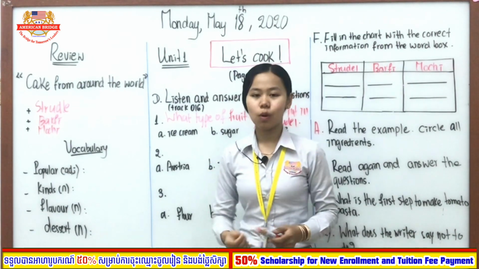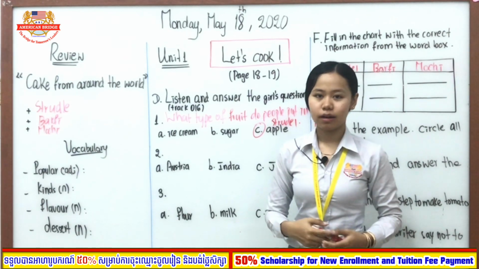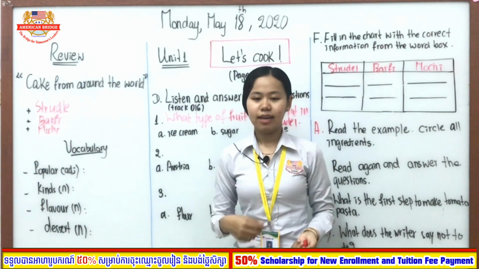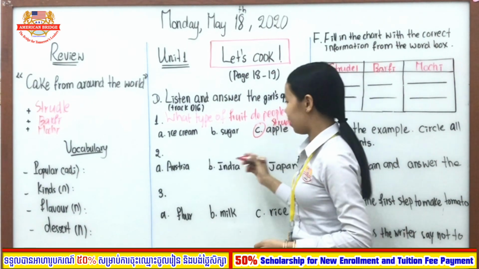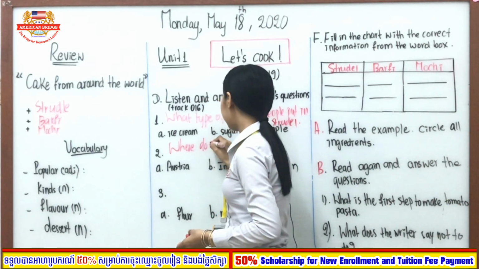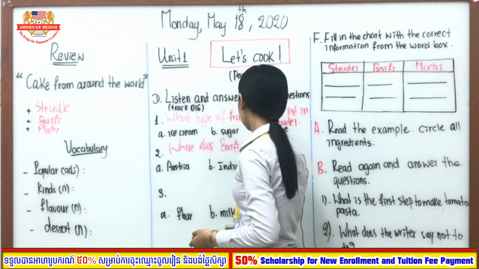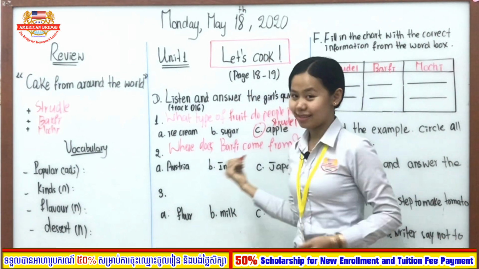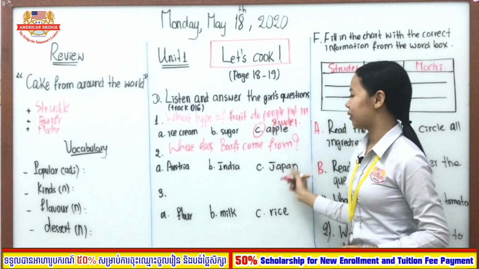How about number 2? What is the question? Did you hear the girl ask a question while you were listening? Yes, she asked, where does barfi come from? Is it correct? So where does barfi come from?